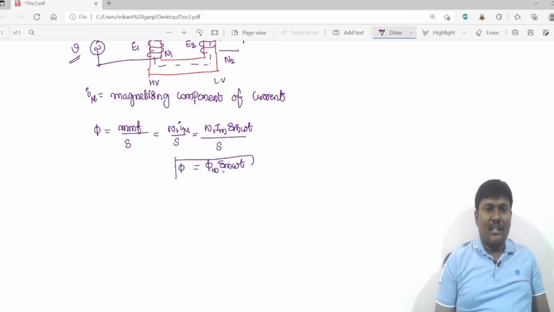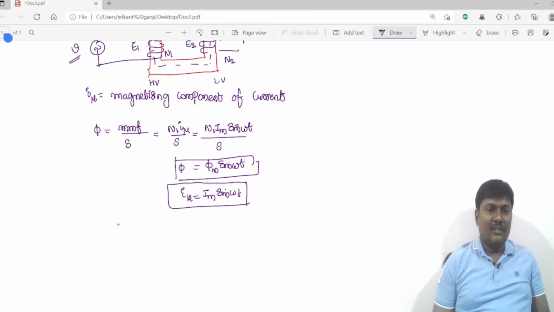So if I mu is Im sin omega t and phi is phi m sin omega t, the phase angle difference between flux and the magnetizing component of current is 0.